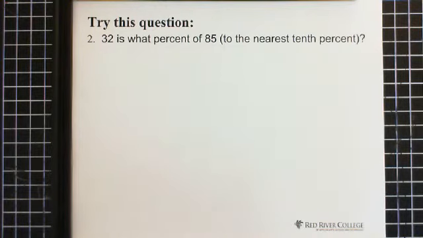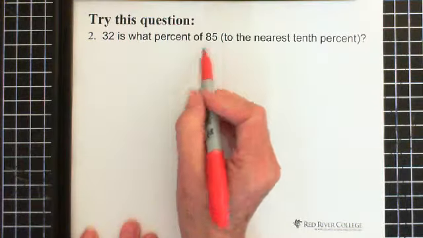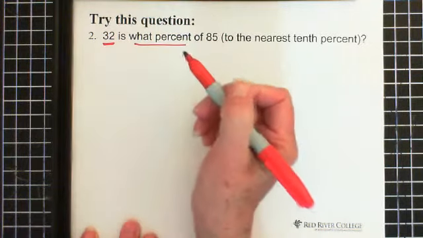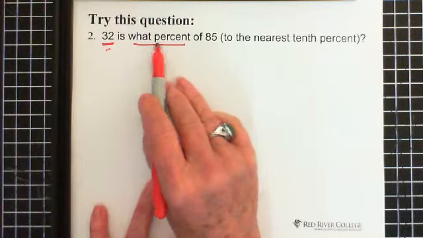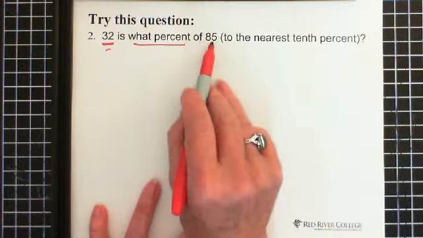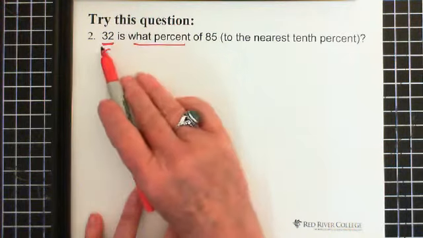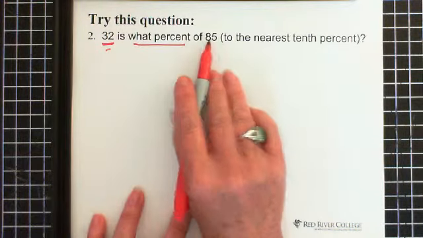Okay, 32 is what percent of 85? So the 32 is the percent, right? So 32 is what percent of 85? Since the 32 is connected to the percent, this must be the part. This has to be the whole.